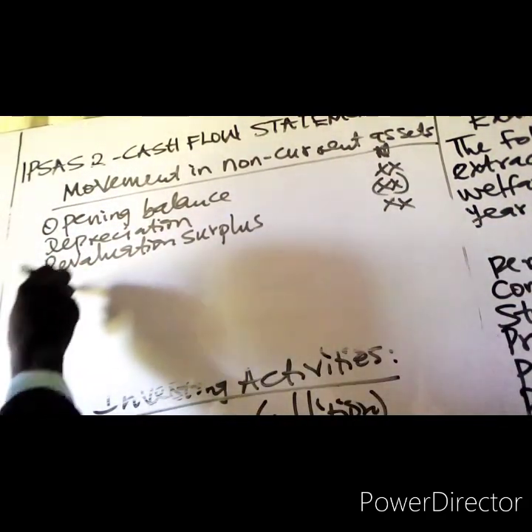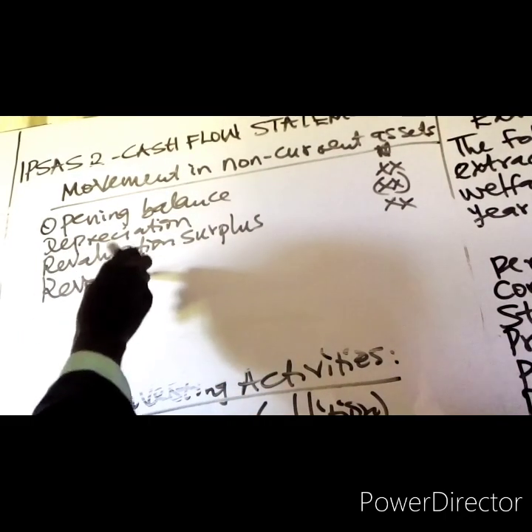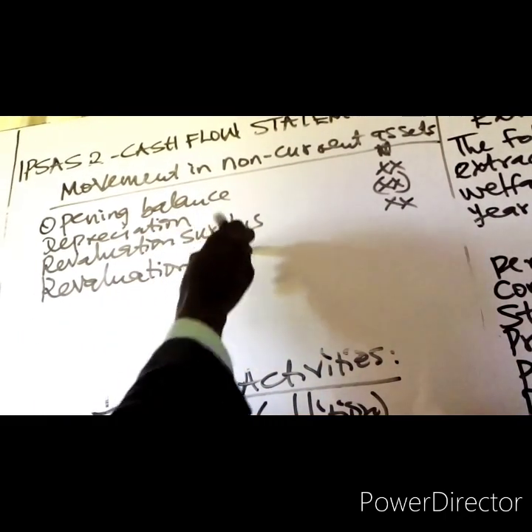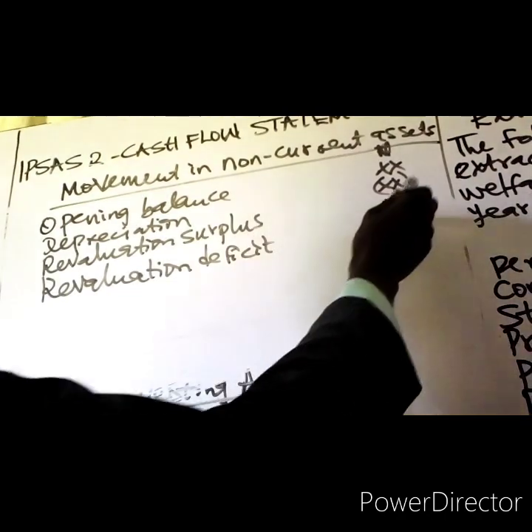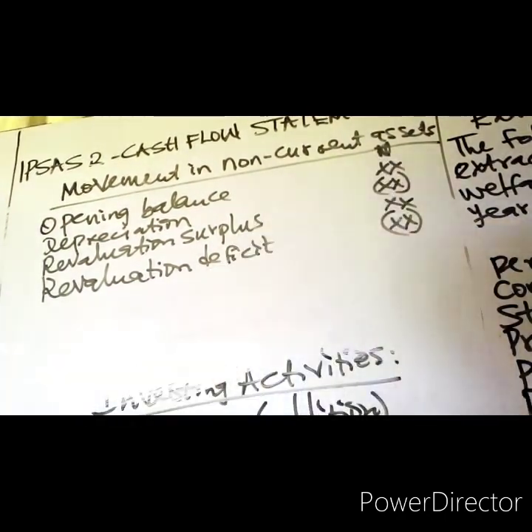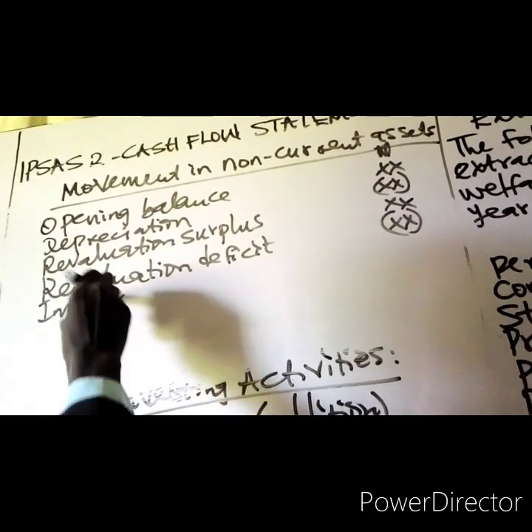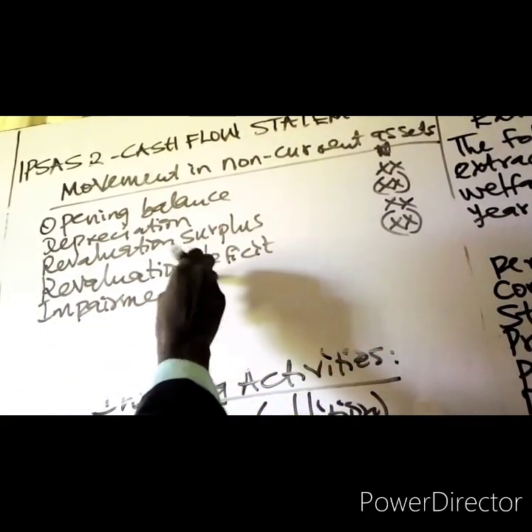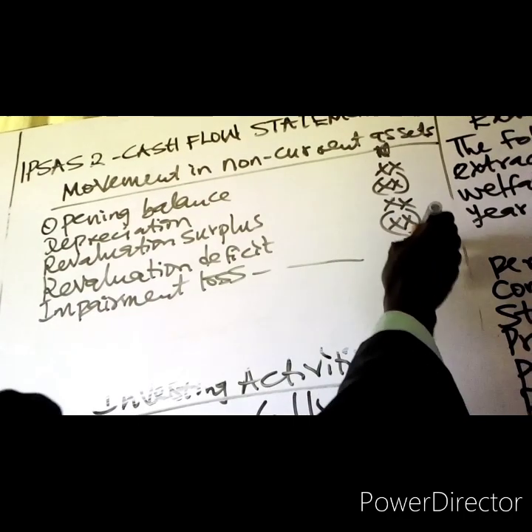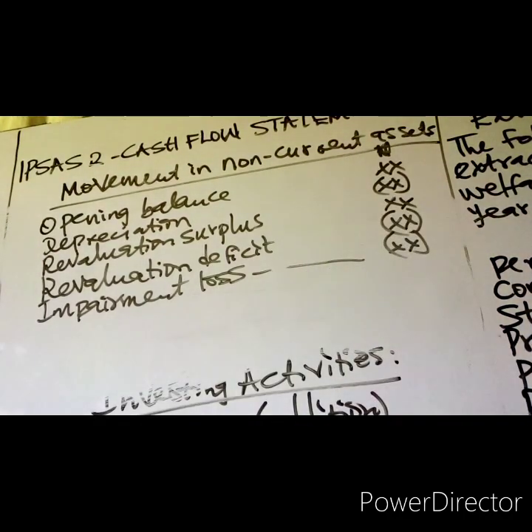And where the non-current asset is revalued downwards, you can have revaluation deficit, which means the non-current asset will reduce. You may also have impairment loss. Impairment loss will bring about the reduction in the value of non-current assets.